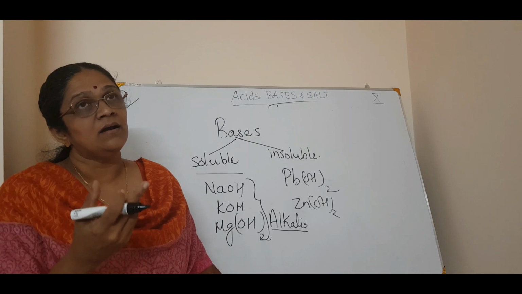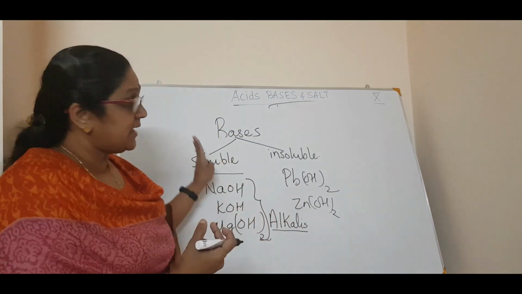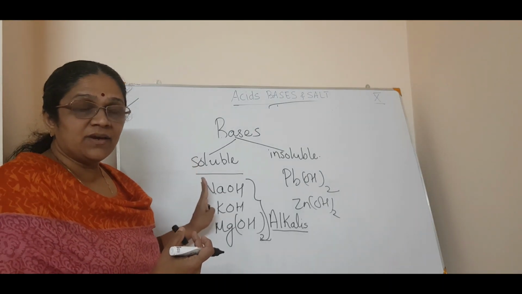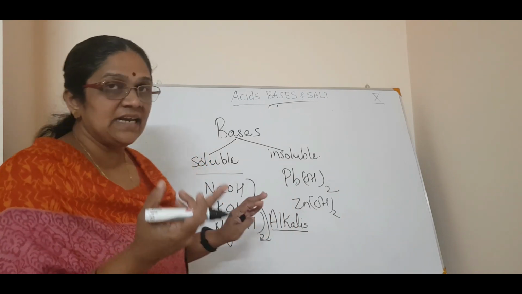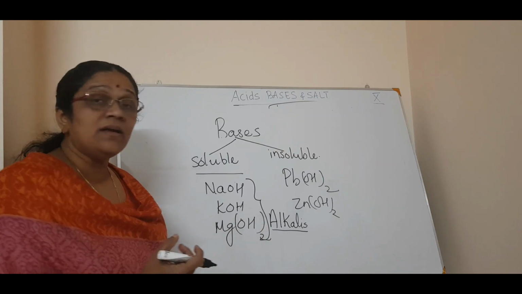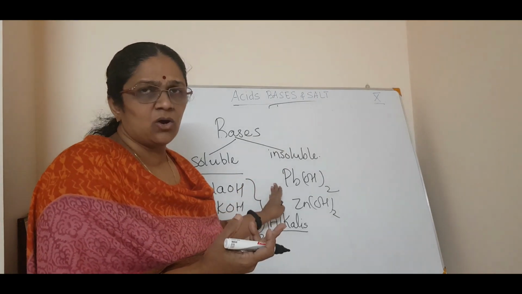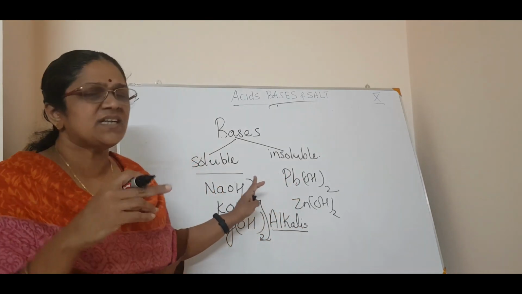You will study in the 5th chapter, the periodic table, the first group elements like lithium, sodium, potassium; they are all alkali metals. We will study it later. So here, soluble bases are called alkalis. Insoluble means it is not soluble. Lead hydroxide can be soluble in hot water, which you will study in later classes.